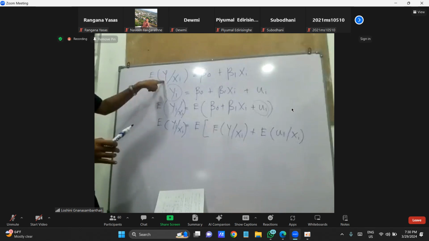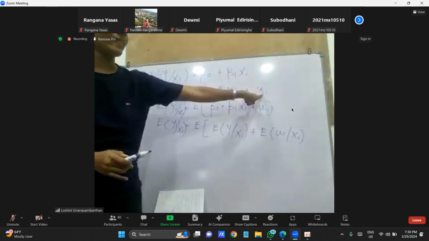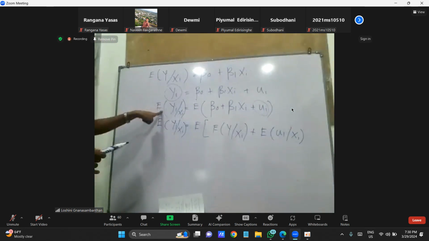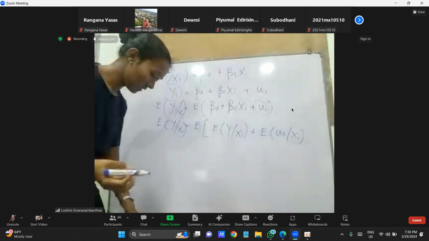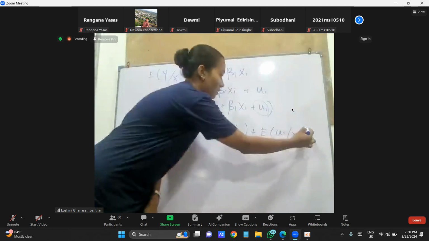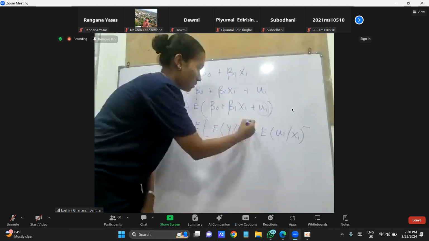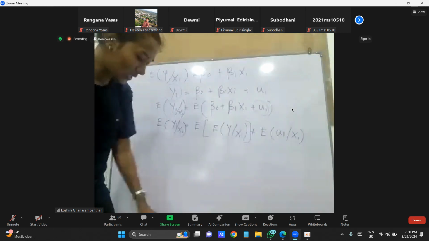So that's why here there is no yi, because there is no error term reflected. But if the error term is reflected, this will be yi. This is a continuation of these two. Okay, so you can write the equation like this.